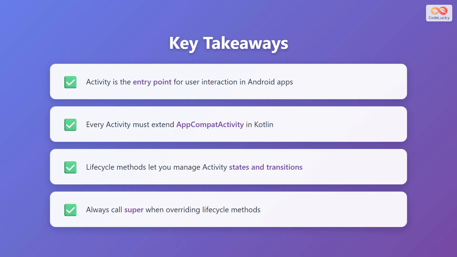By overriding these methods, you control what happens at each stage of your activity's life. And finally, always remember to call super when overriding lifecycle methods. This ensures proper initialization and cleanup by the Android framework. With this foundation in activity basics and lifecycle, you're ready to build more complex Android applications.